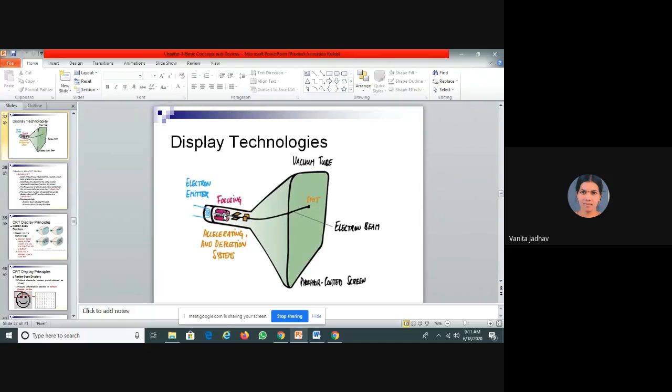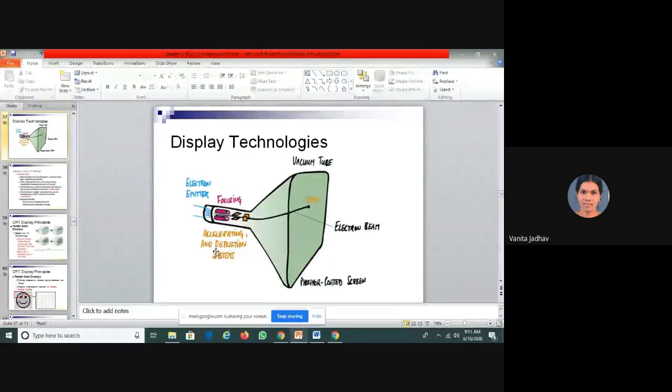This electron beam goes through the focusing system, accelerating system and deflection system. The focusing system focuses the beam on the screen so that it does not go outside the screen. The accelerating system is responsible for controlling the voltage of the electron beam, whether it is coming fast, slow or at medium speed.